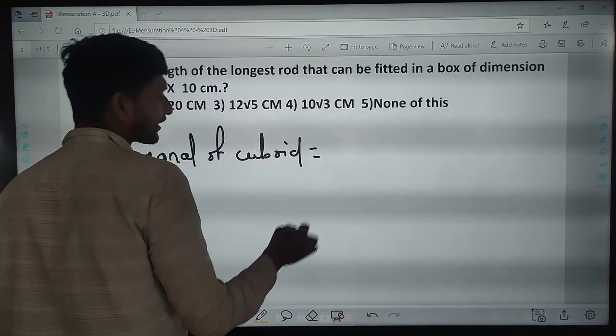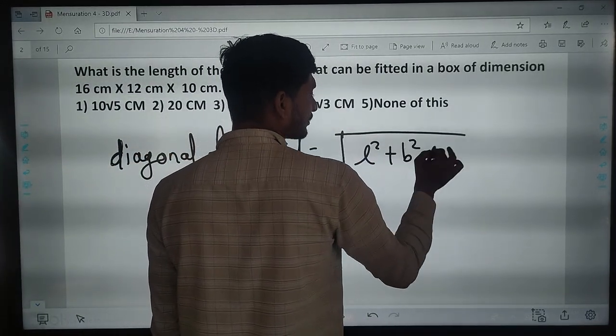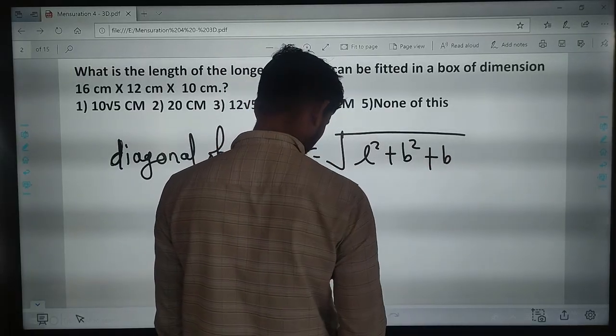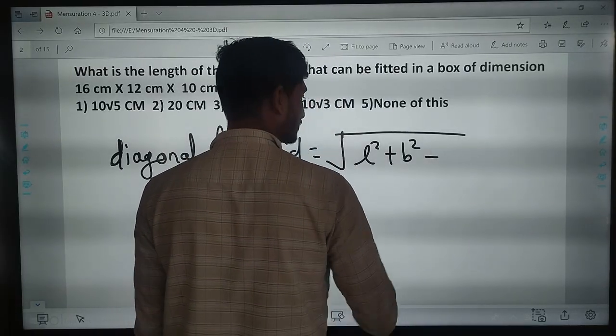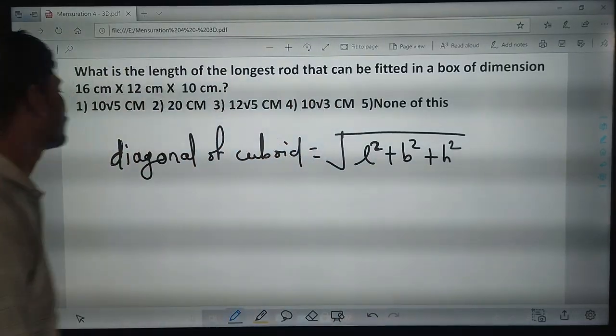Then the diagonal of the cuboid is equal to the square root of length square plus breadth square plus height square, L square plus B square plus H square. This is the diagonal of the cuboid.